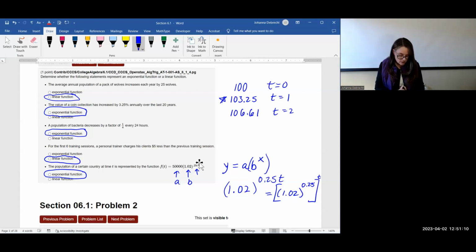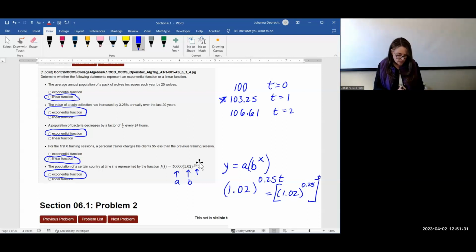But most of the time we consider the growth factor to be 1.02. And the time period in which it's changing is 1/4 of whatever a normal time period is. So if t is in years, then the pattern is changing quarterly, basically.